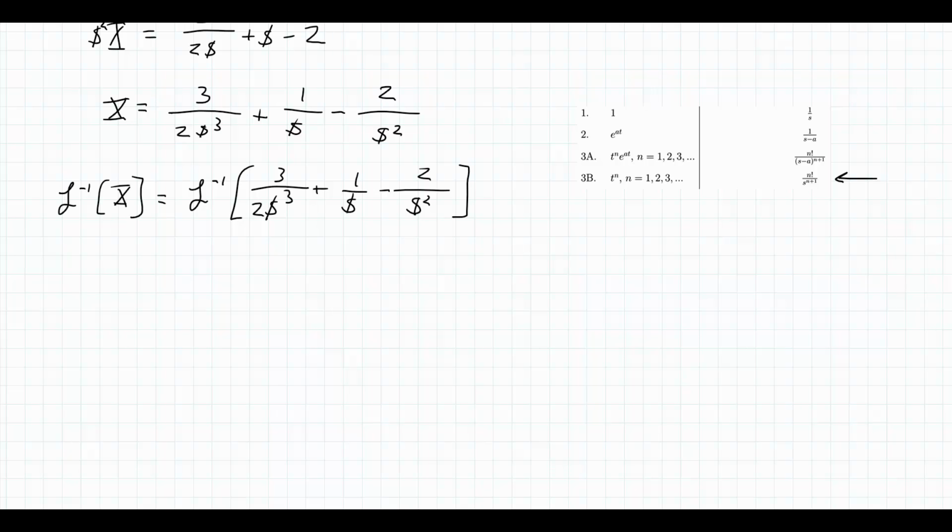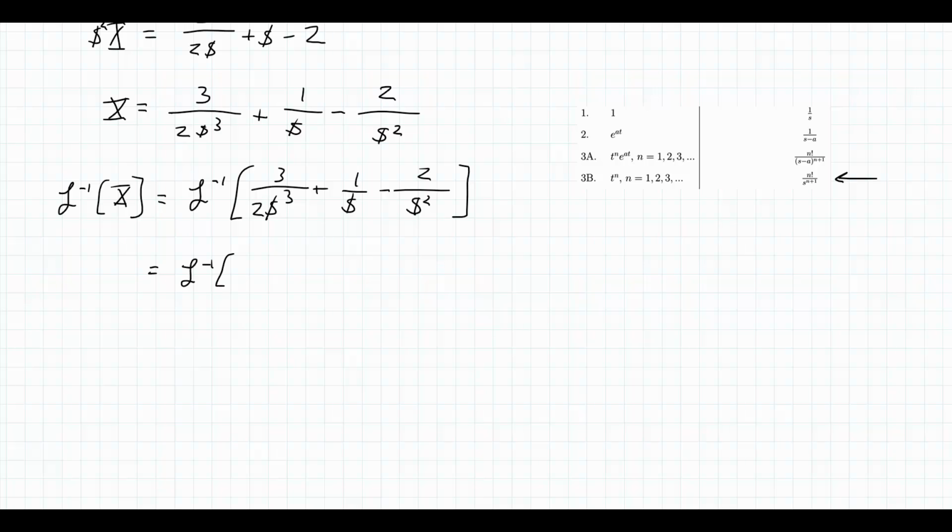So what we want to do to the right-hand side algebraically, again, is really going to depend on what it looks like. Can we get it to look like something on our table? So at the moment, the inverse Laplace of this sum of 3 terms, that's not on the Laplace transform table, but the inverse Laplace transform of a sum is equal to the sum of the inverse Laplace transforms.